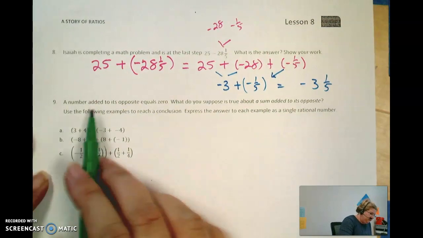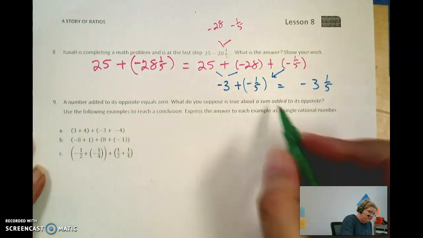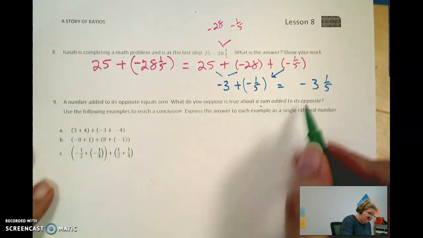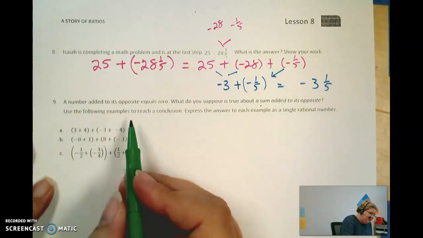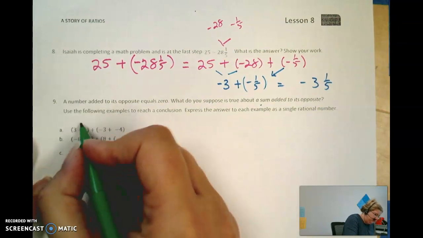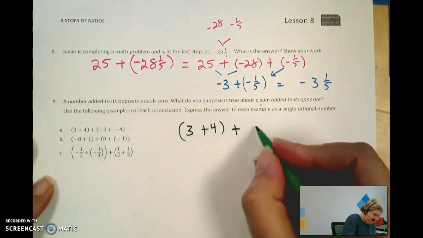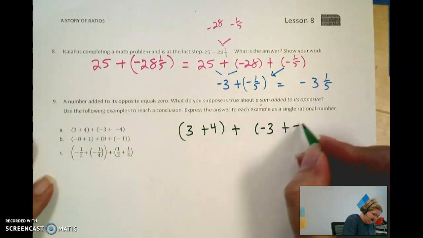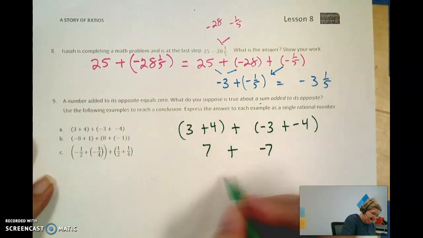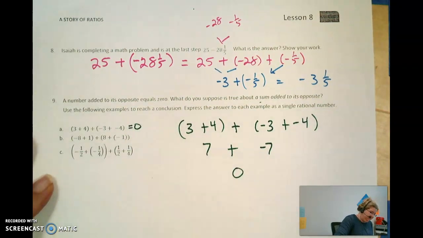So, a number added to its opposite equals 0. What do you suppose is true about a sum adding to its opposite? Use the following to reach a conclusion. So, 3 plus 4 plus the opposite of 3 plus the opposite of 4. So 7 plus negative 7 is 0.